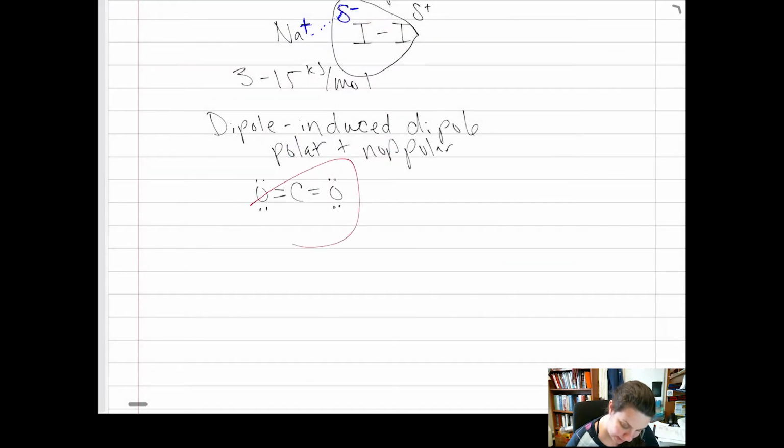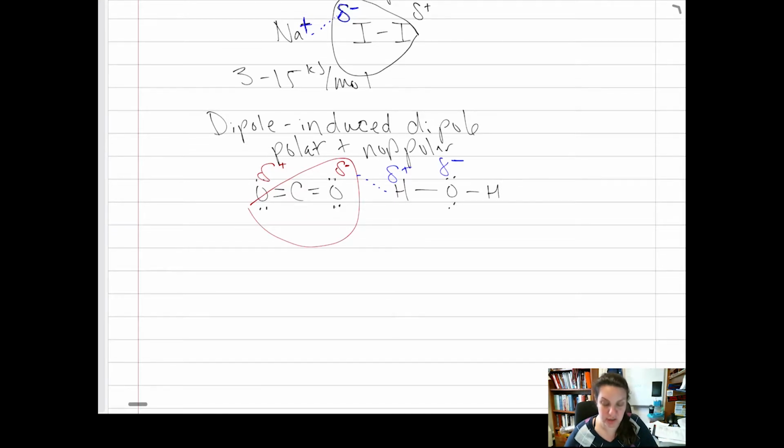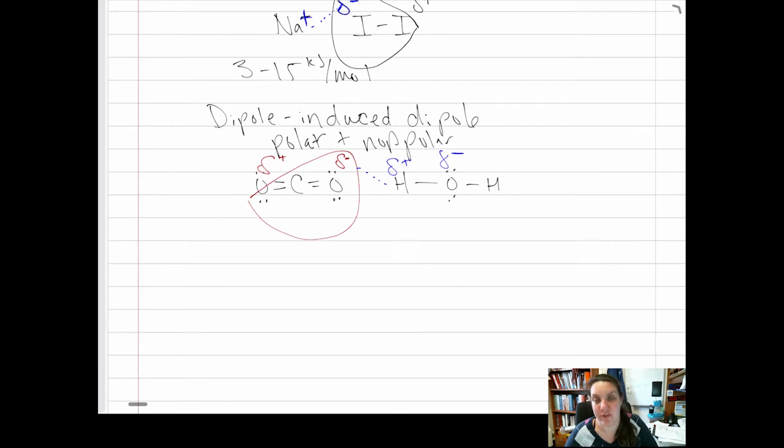There's our partial negative, our partial positive, and then that will interact with something like water. So this is how you can get small nonpolar molecules dissolved in stuff like water.